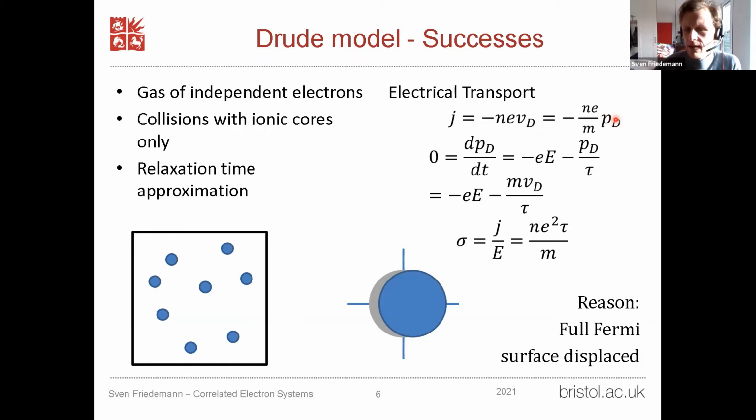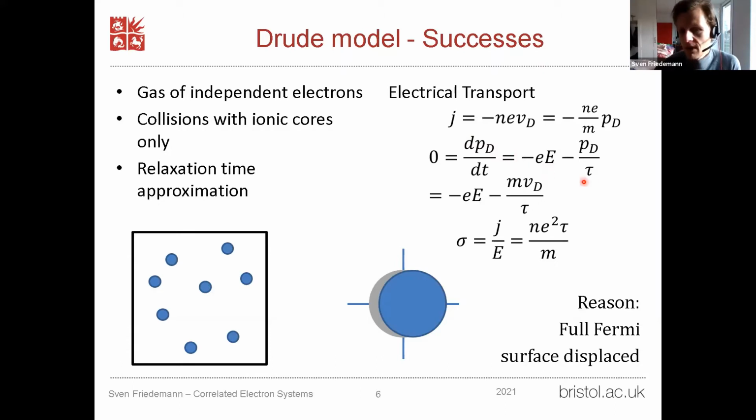And in a steady state, one would assume that this momentum is then constant as a function of time. Hence, one can argue that the time derivative of the drift momentum, so that's not the momentum of an individual particle, but it's the average momentum of all particles, is zero, constant as a function of time. But of course, there will be a component which will give an acceleration due to an electric field.